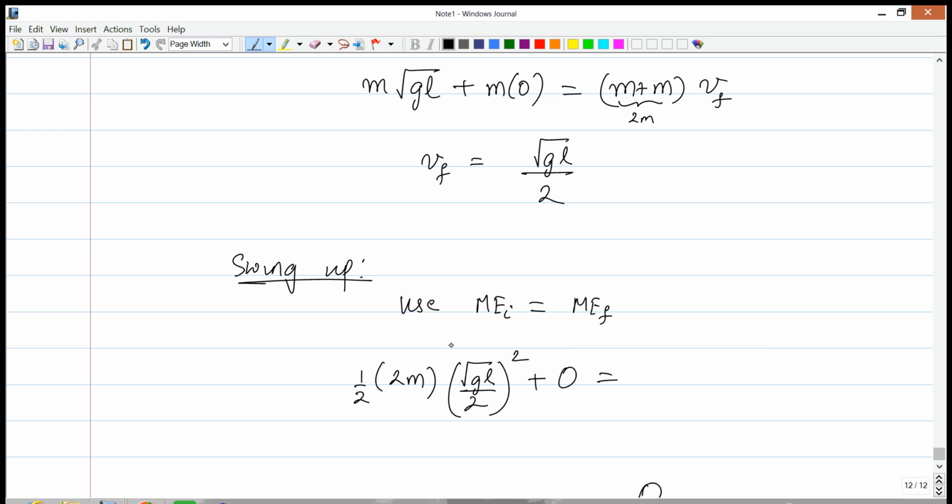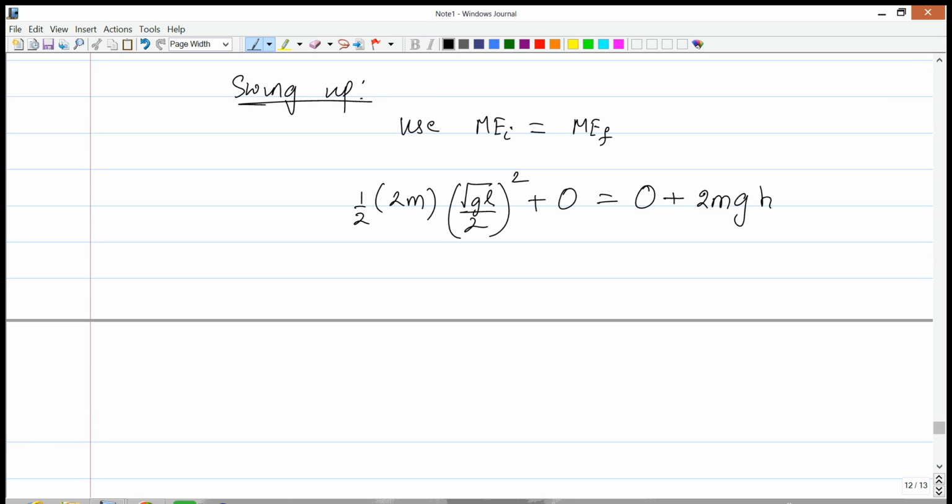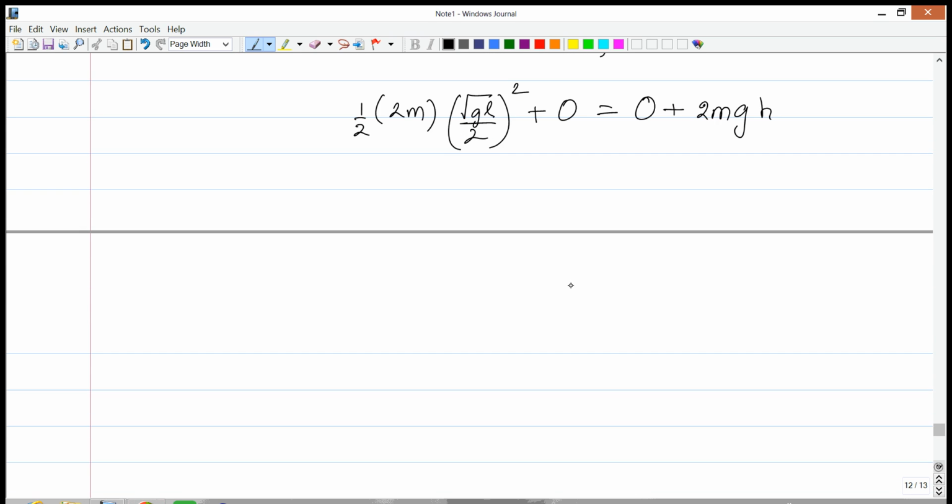At the end, no kinetic and all potential. So it is 2mg times, let's just call the height h first, and then we can figure out the angle once we know the height h. It's easier to do it that way.